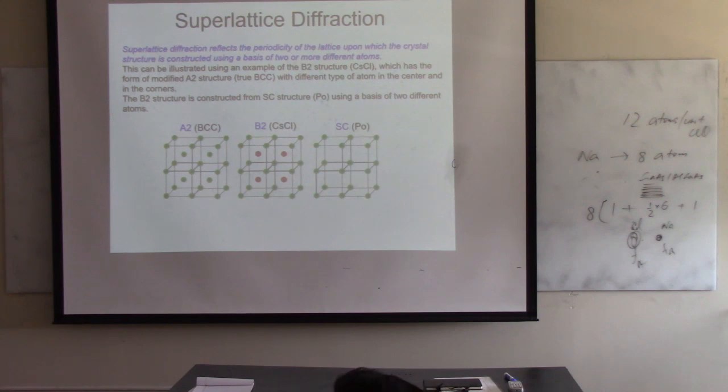But anybody remember HCP, if you have different atoms, what do you call it? Wurtzite, right? For example, gallium nitride. That's typically wurtzite. So that's a B structure, right? But unfortunately, for some reason, that is called B3. B3 is wurtzite.